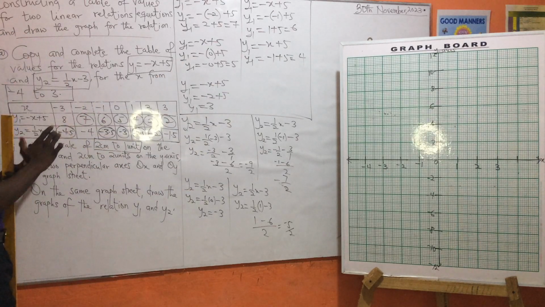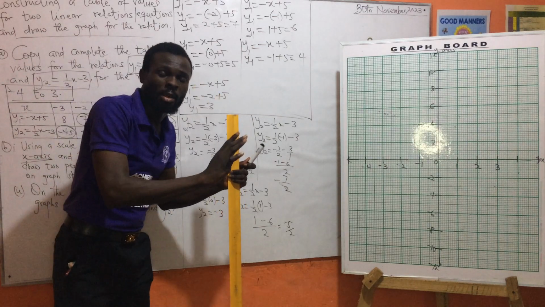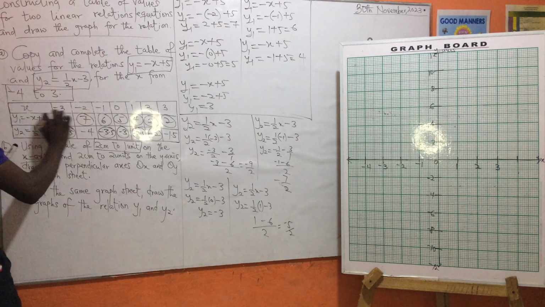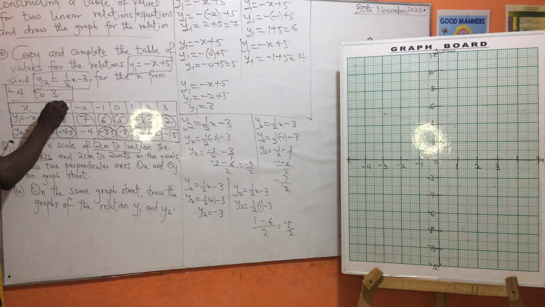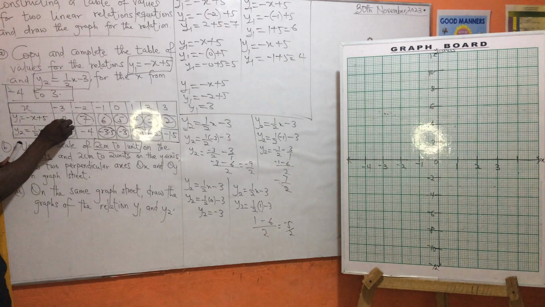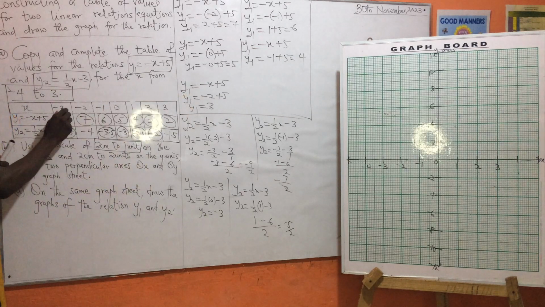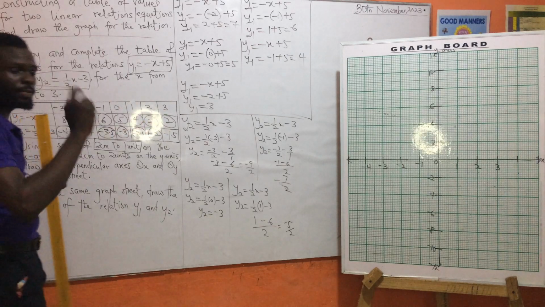Now, because the relations are 2, we have to complete one before we come to the other. So let us first take the y1. Now, in plotting, this is the x, this is the y, in that order. So let's take the first one, negative 3, 8. So on the x-axis, let's locate negative 3.